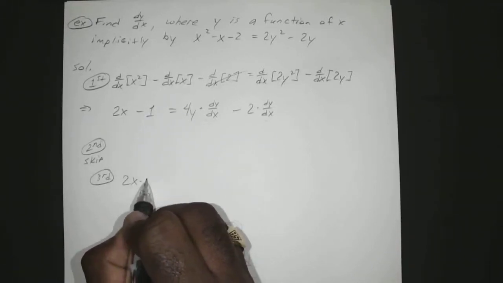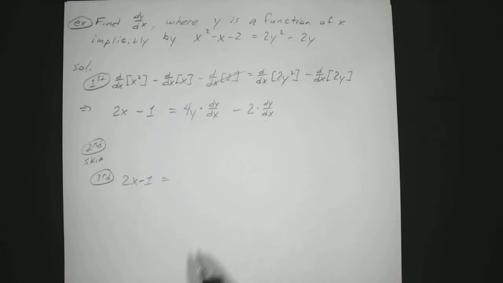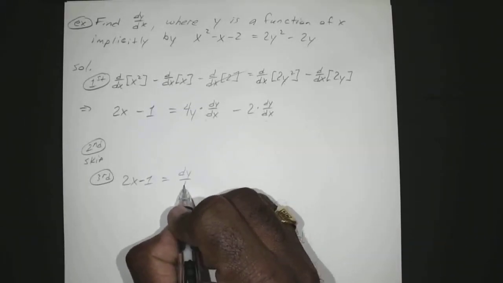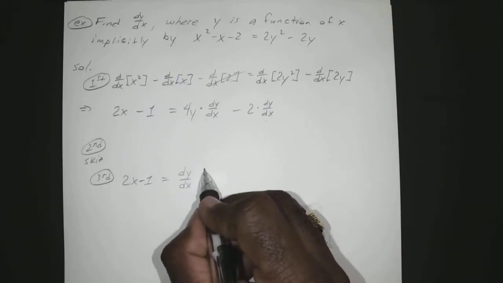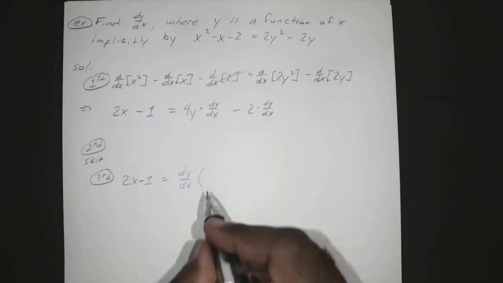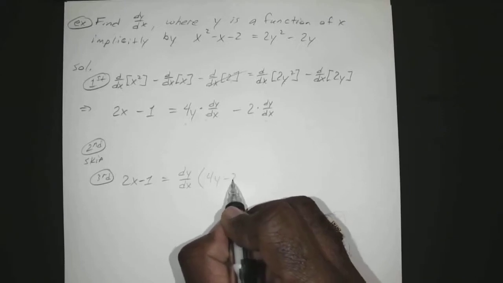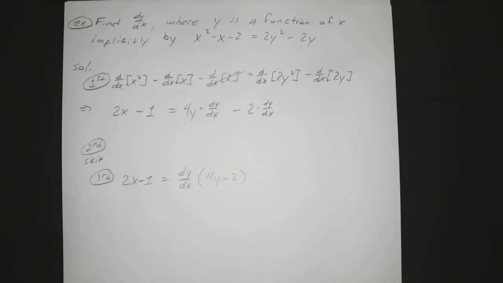If you have 2x minus 1 equals, if you factor dy/dx out of both of those, you have 4y minus 2. And then you could just divide both sides by 4y minus 2.